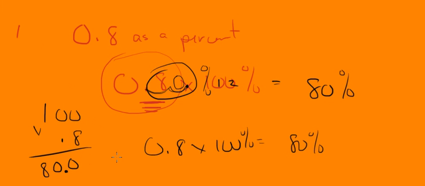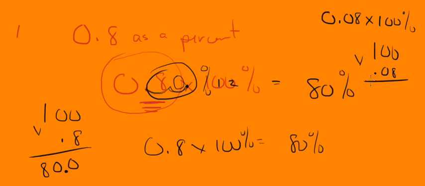0.08? So you're saying if I had 0.08 times 100%? Okay, well, it would be 100 times 0.08.